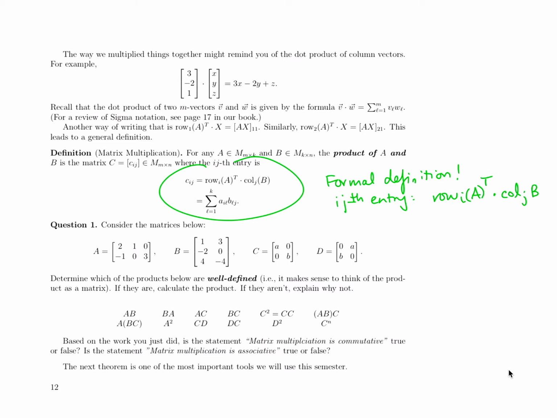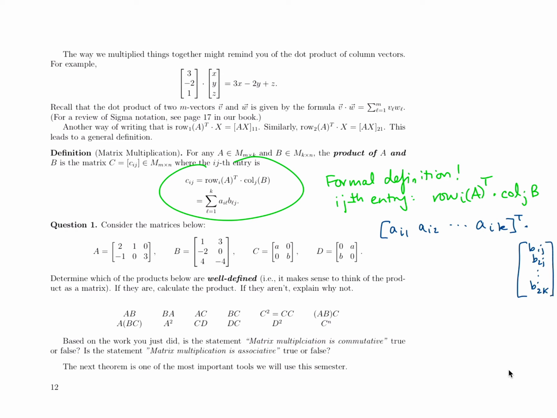Now, if I actually look at what these vectors look like, the ith row of A looks like A_i1, A_i2, and so on, up to, I said we had K columns, so A_iK. We transpose that and we dot it with column j of B, which is B_1j, B_2j up to B_Kj.